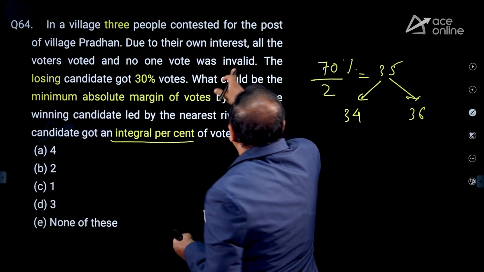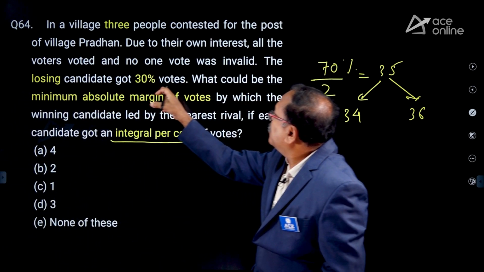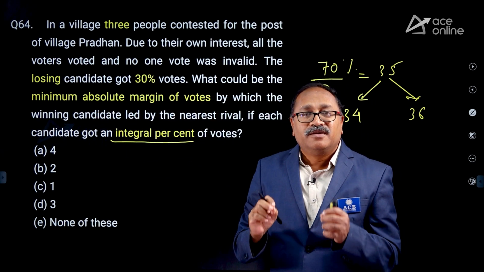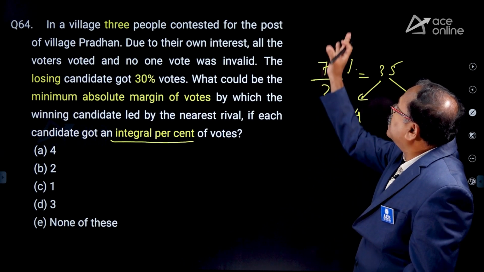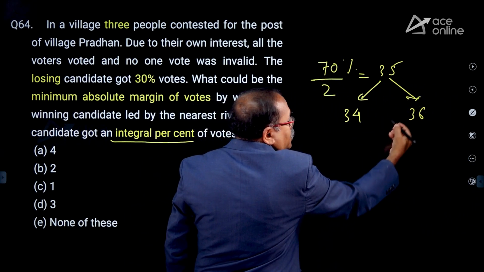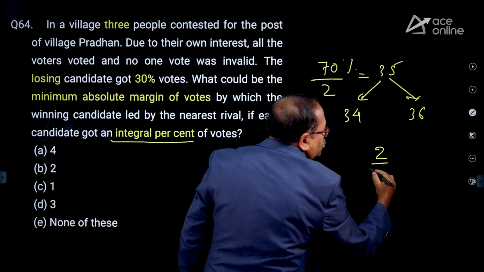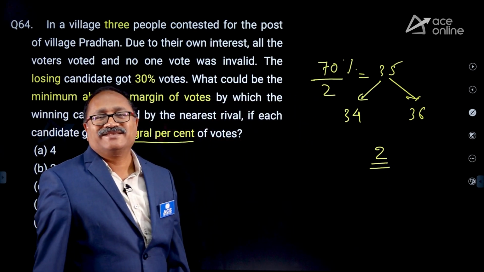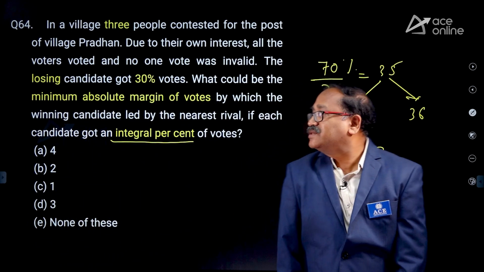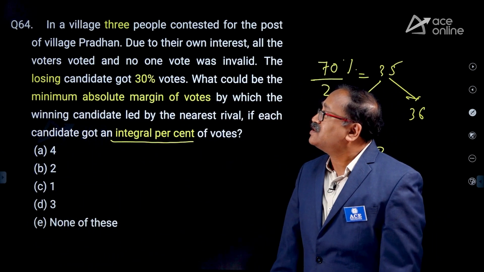So here it says that the losing candidate got 30%. What could be the minimum absolute value? For minimum absolute value, I will consider the total as 100. In that case, the difference between these two will be 2 votes. That's my answer. So do we have any option? 2 votes. Look at this, option choice B.